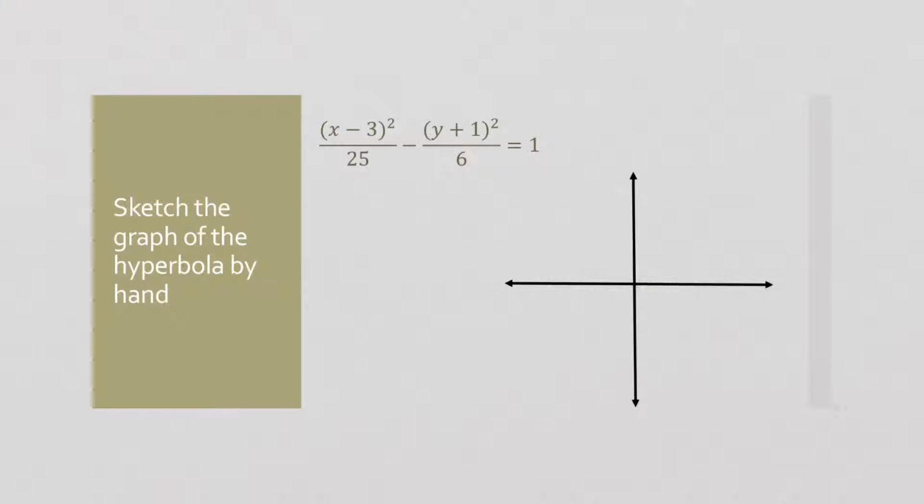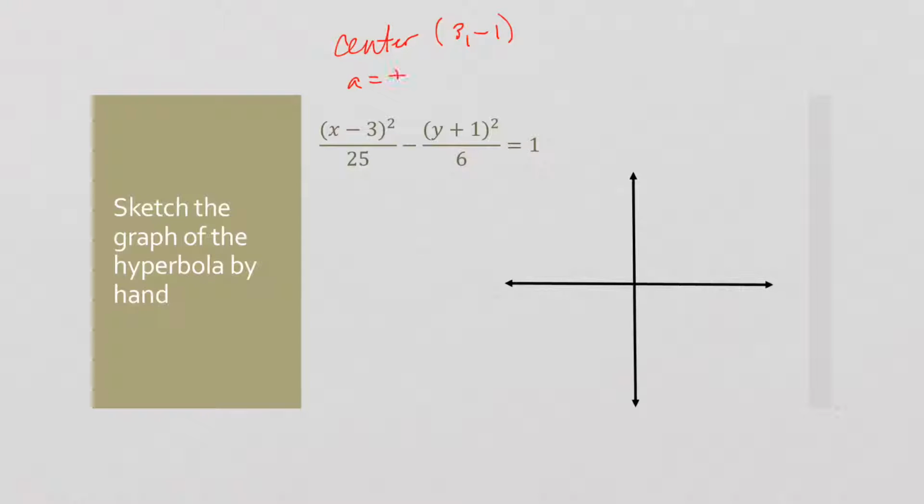In this example, notice that x squared comes first, so we're going to be working on the x-axis. Our center is 3, negative 1. So now when we're counting, we need to count from our center.